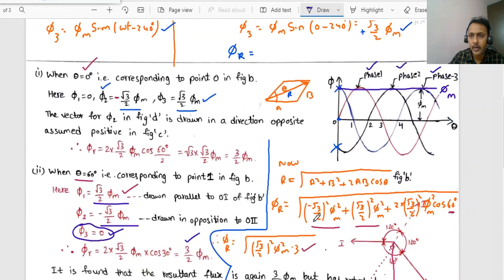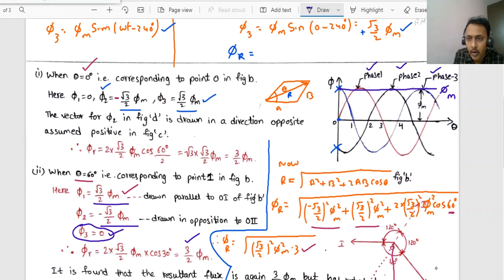If we observe this diagram also, at this angle the difference between phase 1 and phase 2 is 120 degrees, up to here 90 plus 30, this is 30, 120 degrees. Once phase 2 has started, again the difference between phase 2 and phase 3 will be 120 degrees.